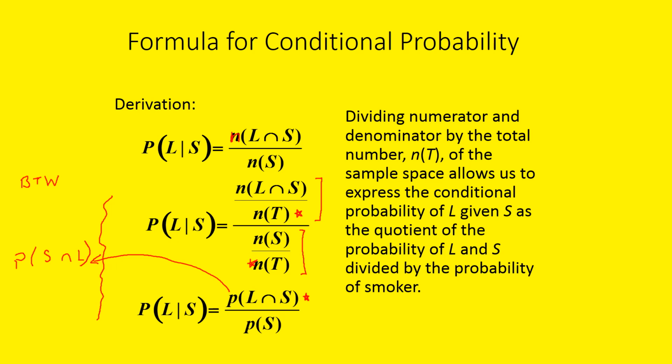Same thing. It's just the number of people about which both things are true. But now we do have another formula for cancer, given that you're in this world of all smokers.